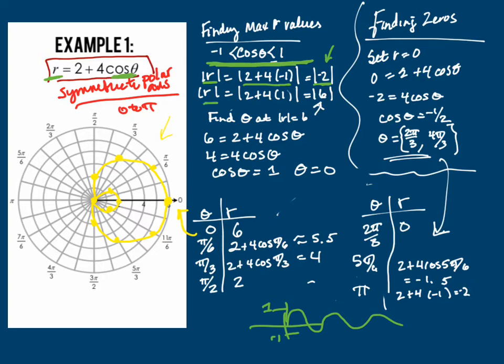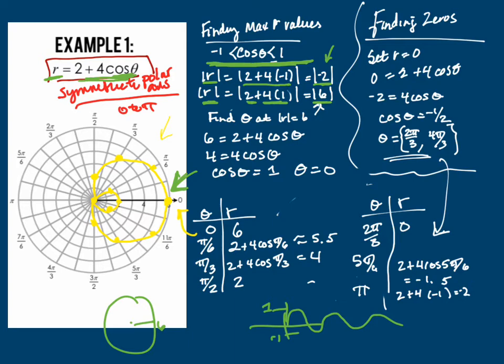Then you take the next one, absolute value of r, and put +1 in for cosine, so 2 plus 4 times +1, and you get the absolute value of 6. So we know the graph is going to go out as far as 6. I've graphed it already, but we don't know where yet.